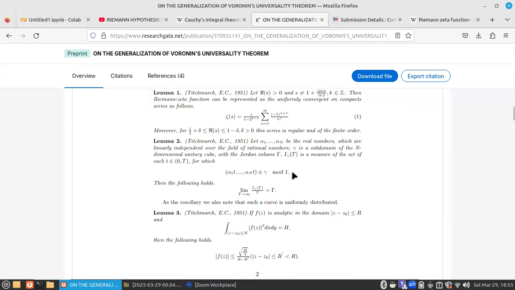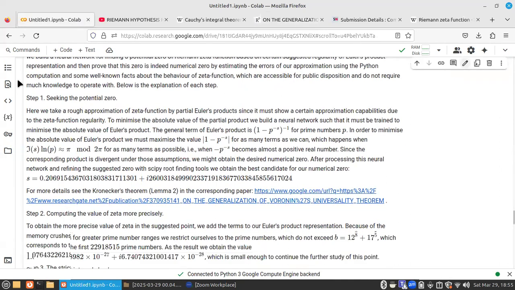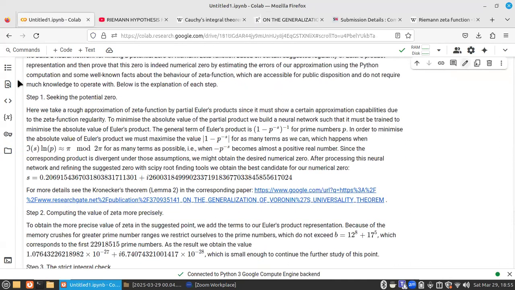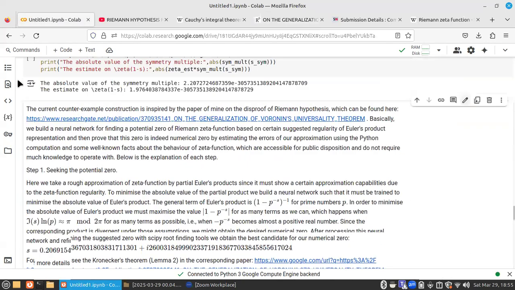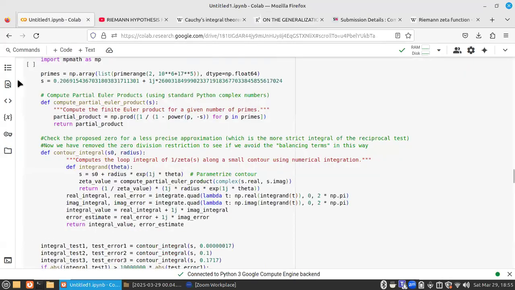But basically, it means that we can approximate any such point with a certain translation. So our goal would be just to find it. So here is the description of step one, and let us go for the code realization.